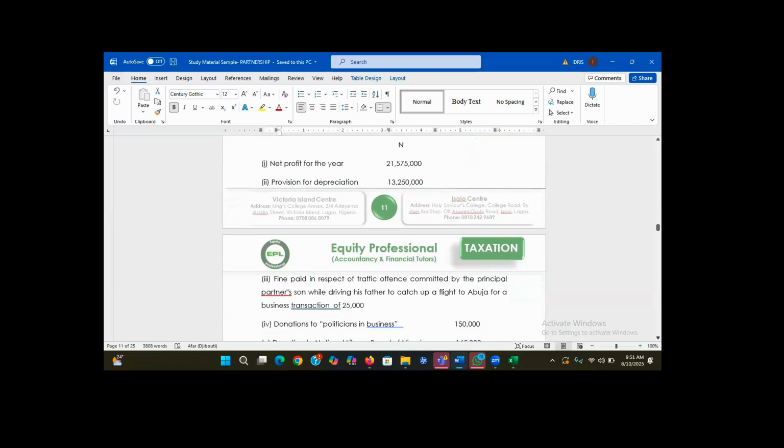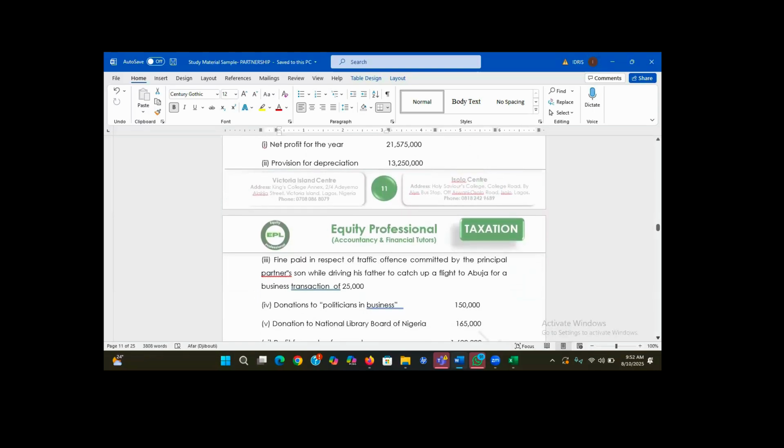Provision for depreciation, number one, we add it back. Number three, fine, it's disallowed, any traffic fine or offense, either for business or not.